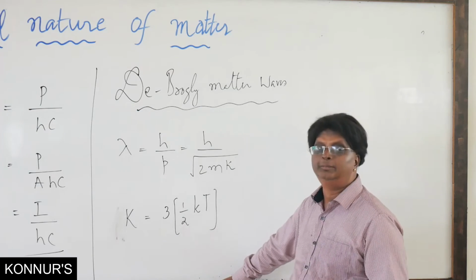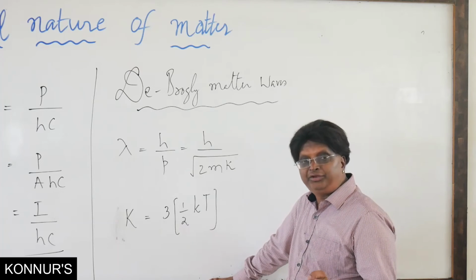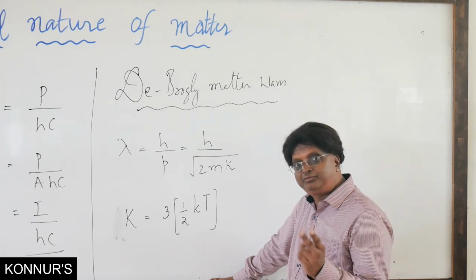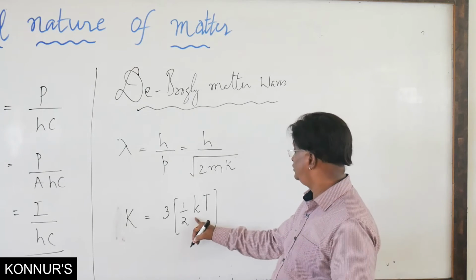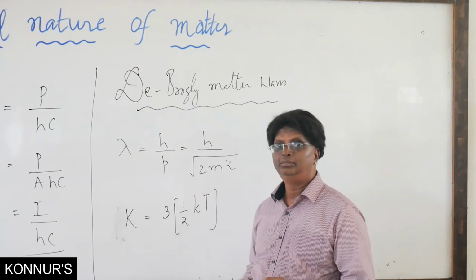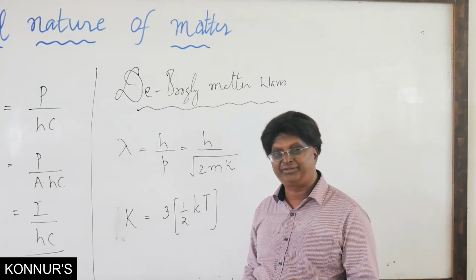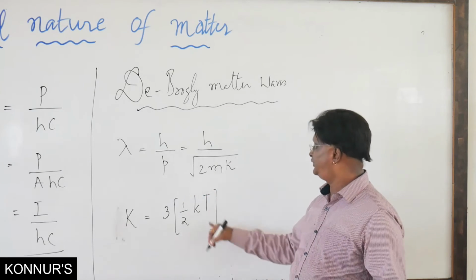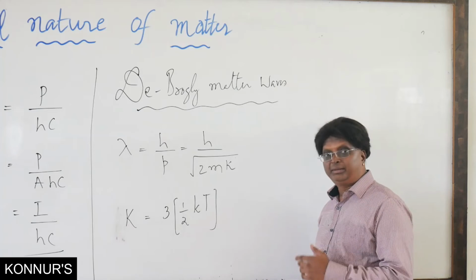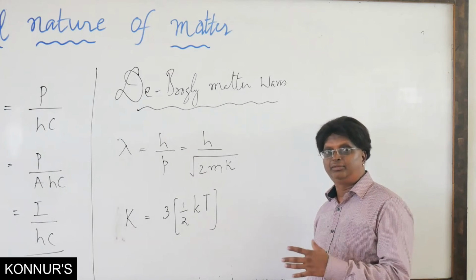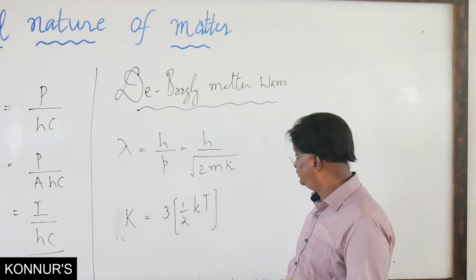And this capital T is for absolute temperature, because we said thermal agitation. This capital T is the absolute temperature of that gas under which the molecules are in random motion.